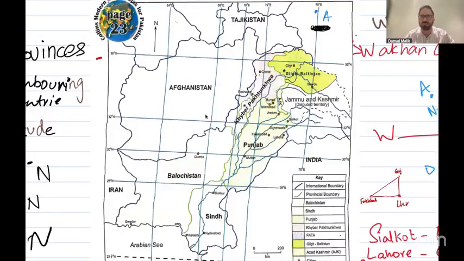So country A is on which direction of Pakistan? Sara, what is the direction? Northeast, correct.